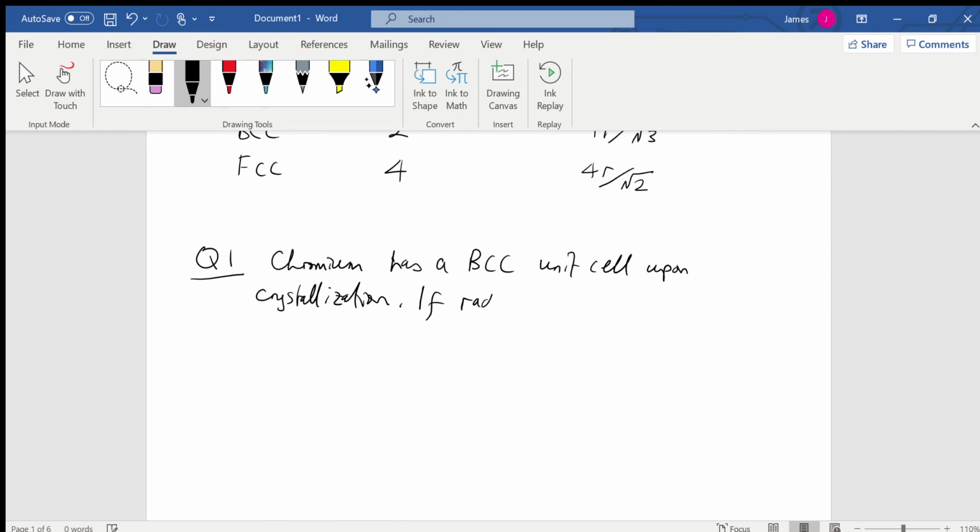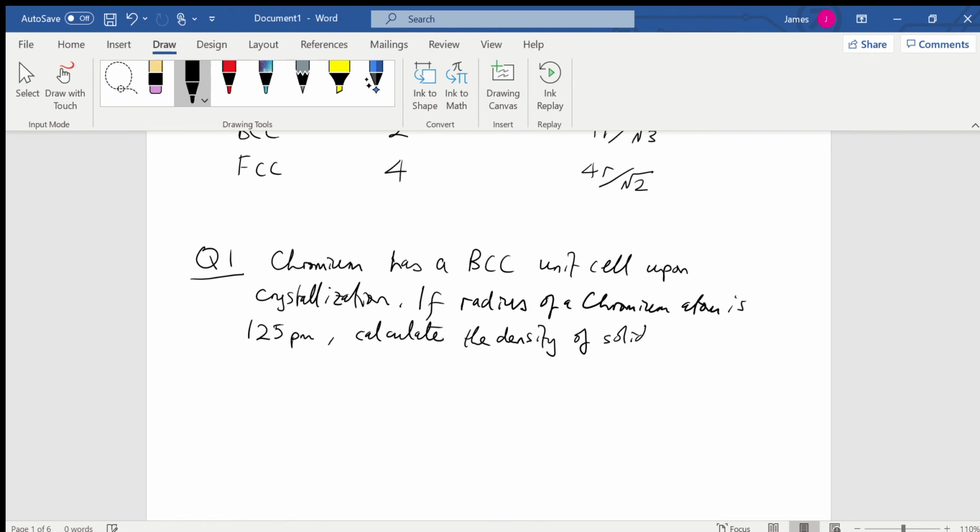If the radius of a chromium atom is 125 picometer, calculate the density of solid chromium in units of gram per centimeter cubed. Alright, so that's a typical type of question.